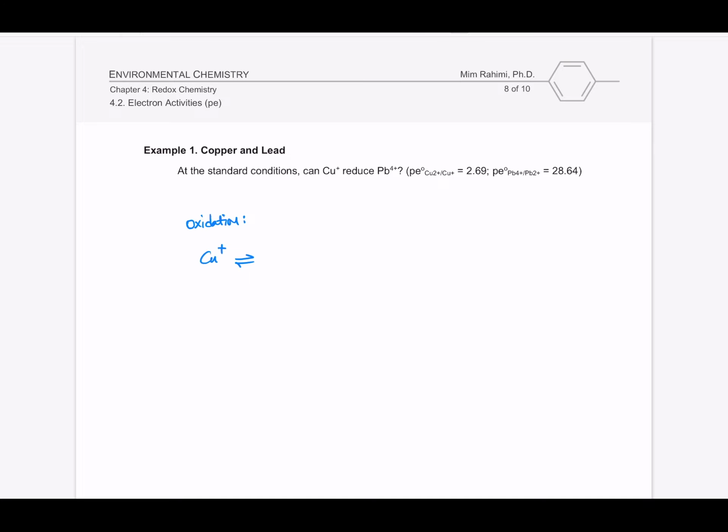So in this case, copper plus goes to copper 2+ plus electron. For this specific reaction, it's already in the standard notation, releasing only one electron in the oxidation. So E0 would be E0 of copper 2+ copper plus, which is 10 to the minus 2.69. Let's put it here.